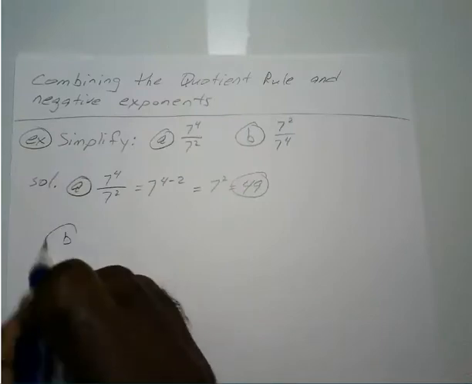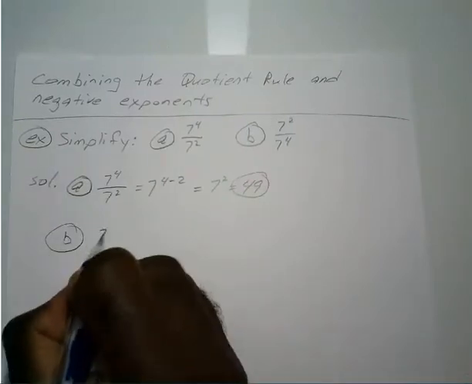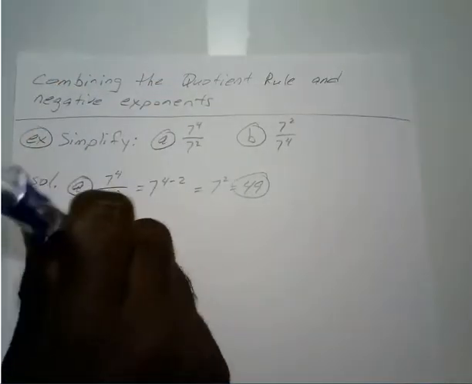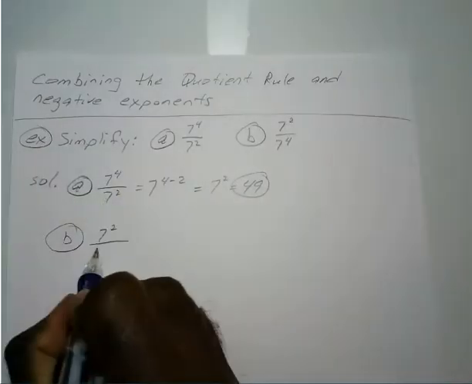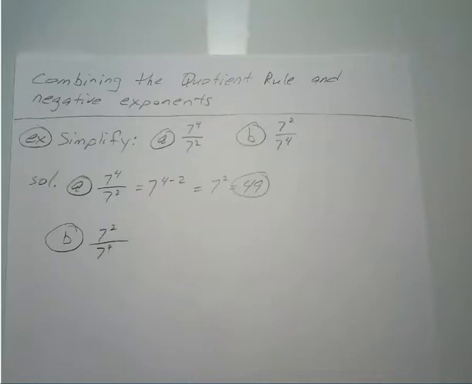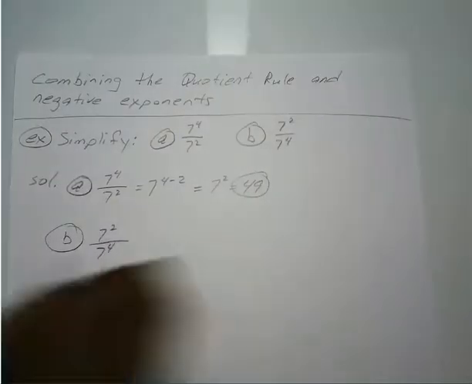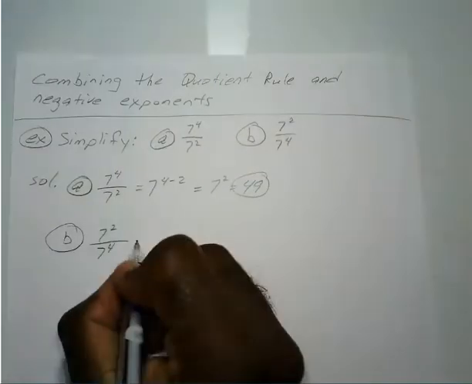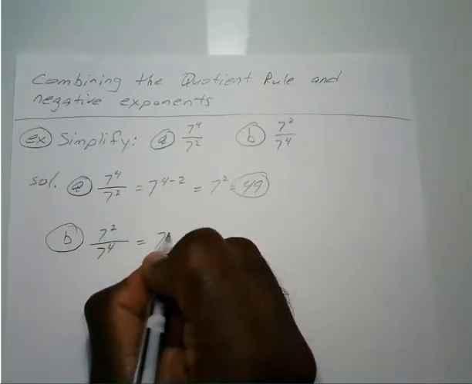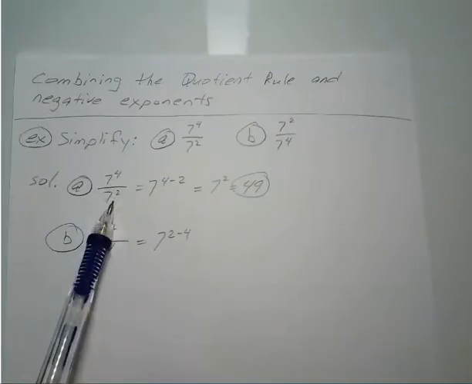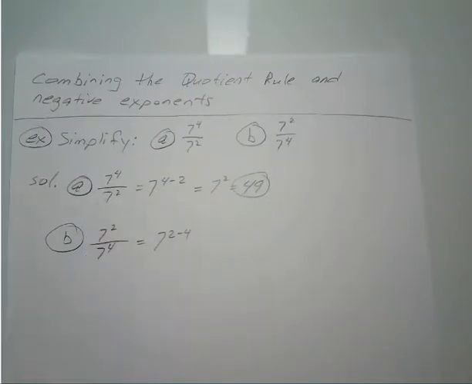Okay, so let's go with problem B, where we have 7 squared over 7 to the 4th. Now that will end up being 7 to the 2 minus 4. Remember, it's always the exponent of the numerator minus the exponent of the denominator.